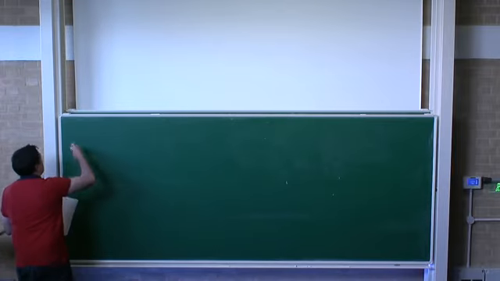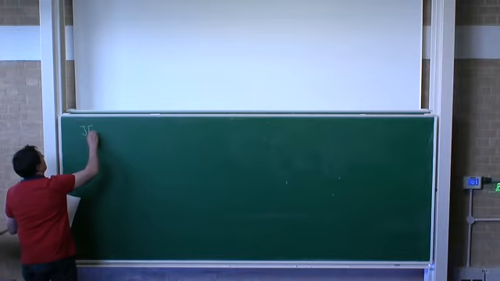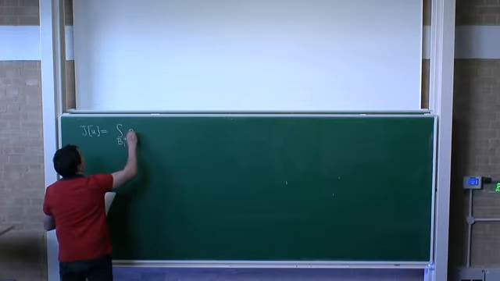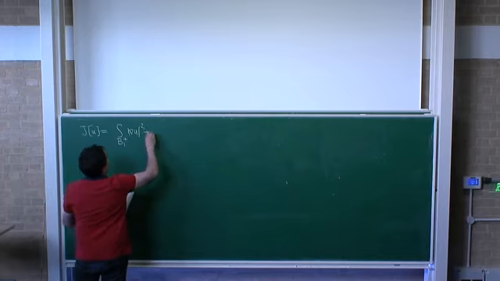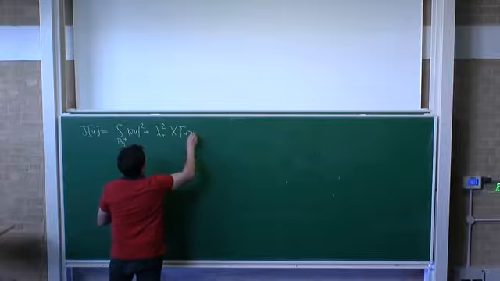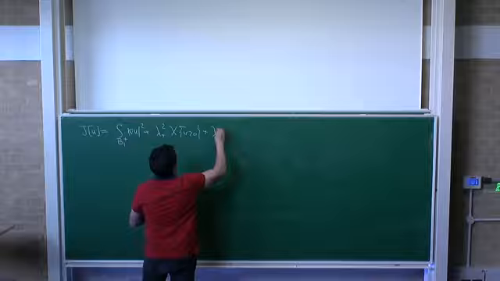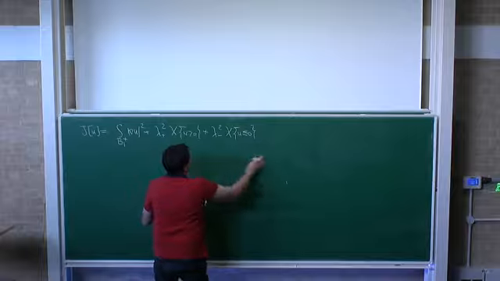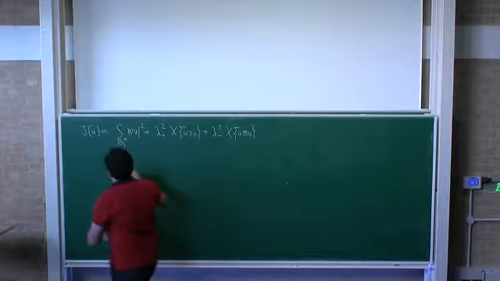And let me state the problem. We're considering the two-phase minimization problem in a half ball, and we are prescribed some boundary data, say f.